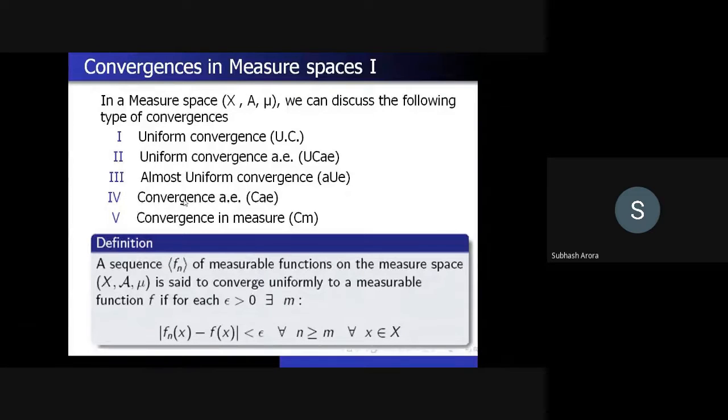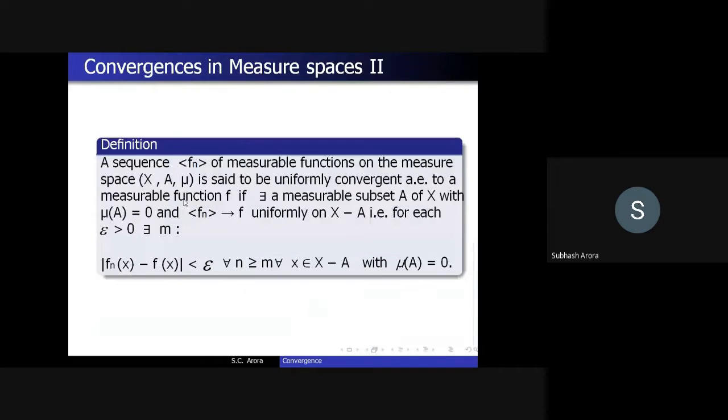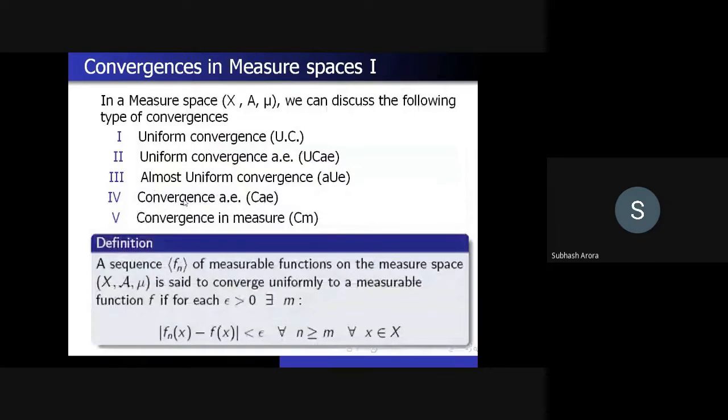At the moment, what I have chosen to discuss is the following: the implications and the relations among these, starting from uniform convergence. I'll give you proper definitions. Firstly, one implies two, converse not true.